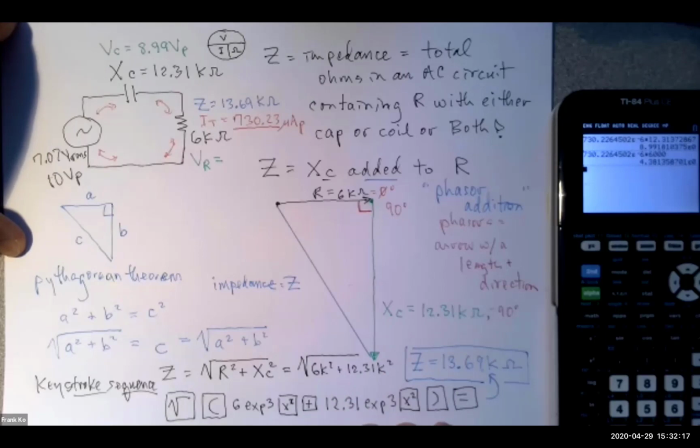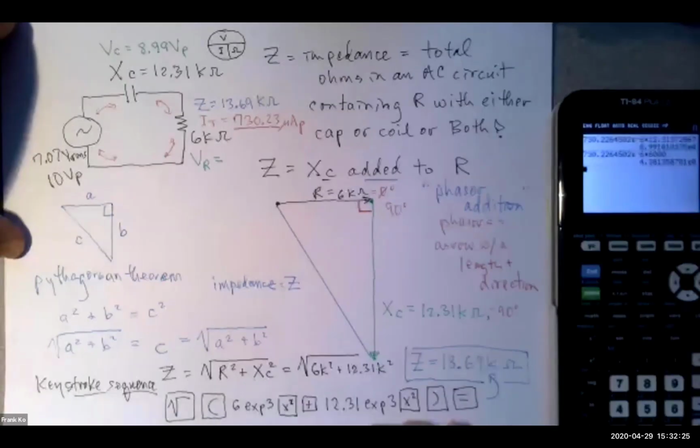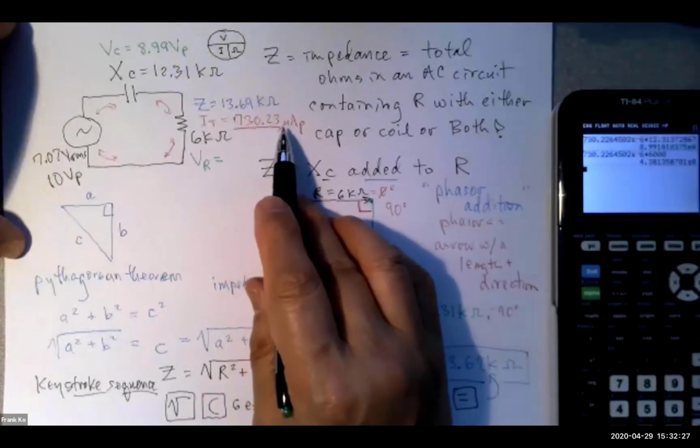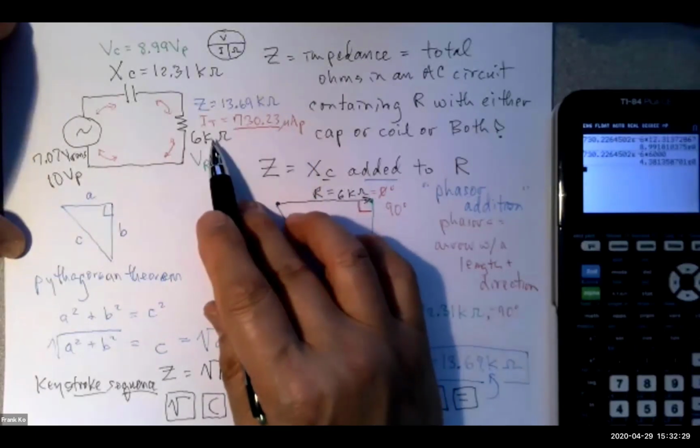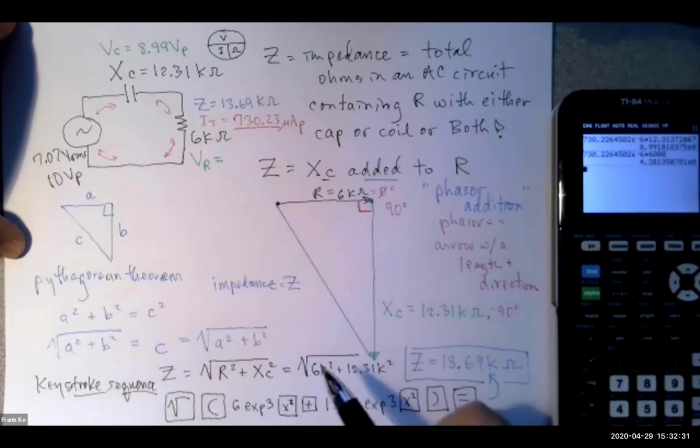Now, question goes to Kyle. Might you have a value for us here? 730.23 micro times 6 kilo ohms. What do you have? One second. I'm doing it right now.